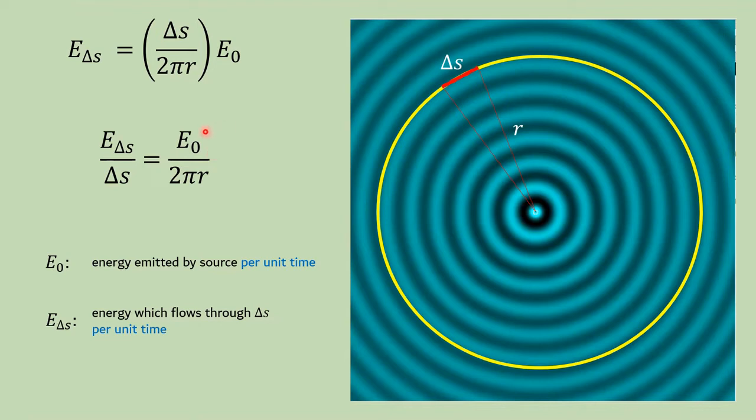So let's replace this capital E with the P for power. So P naught will be the number of joules per second emitted by the source. And then P delta S is the number of joules per second passing only through this small segment of the circular wavefront out at this distance, R.